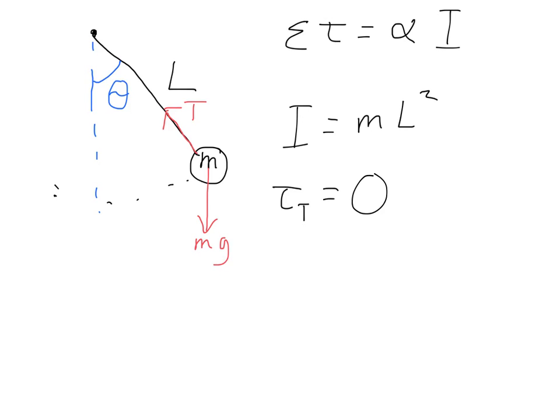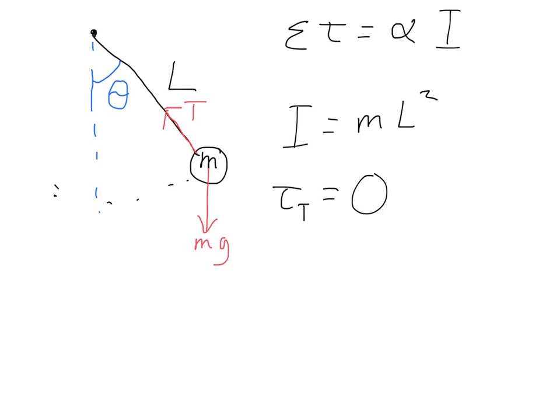On the other hand, the weight force we have here is not parallel or anti-parallel to the string, but it's also not exactly at 90 degrees either. It's going to be at something just a little bit different than either of them.